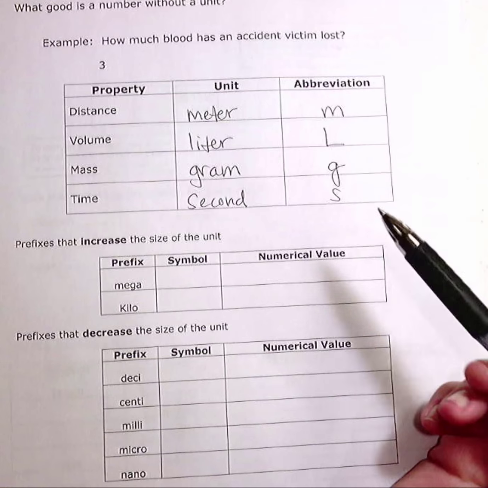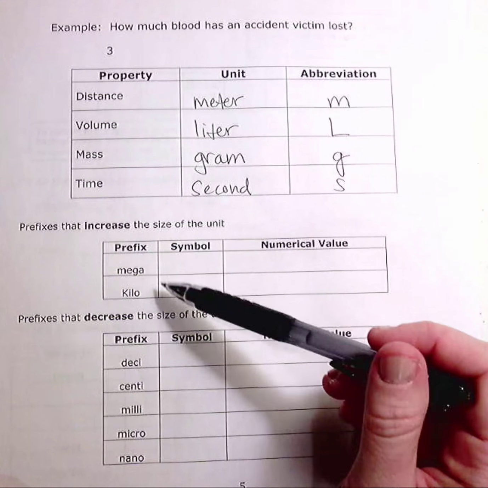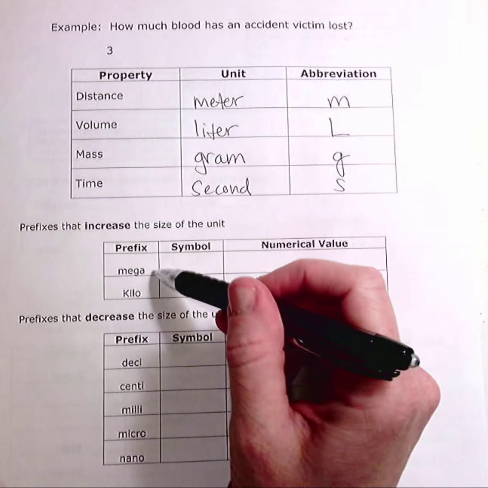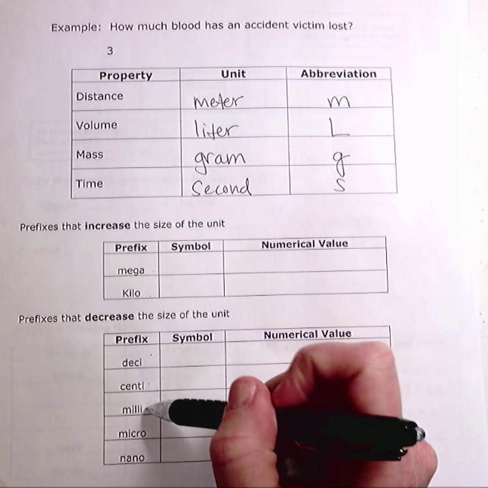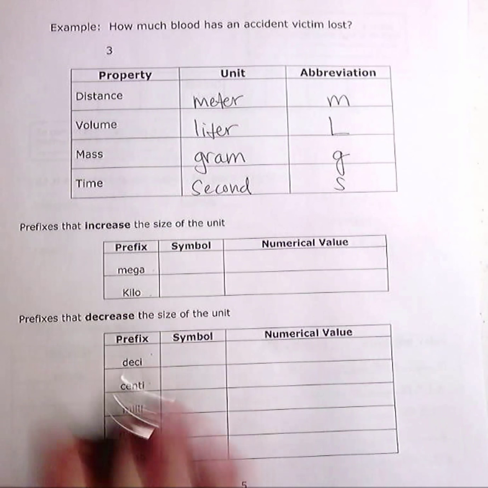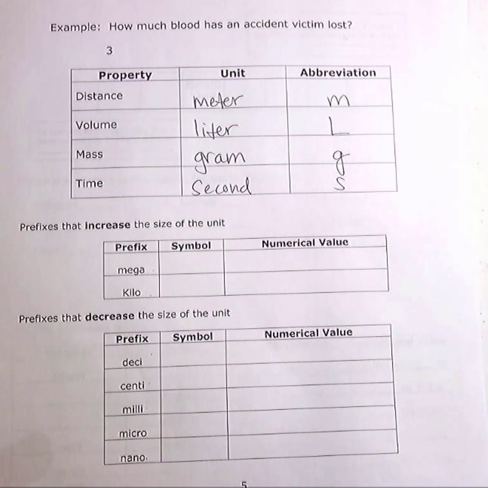It's important that you're familiar with these prefix multipliers. So you need to memorize mega, kilo, deci, centi, milli, micro, and nano. All of these need to be memorized: the symbol, the numerical value, and how to convert. And we'll talk about that in just a second. So I encourage you to use flashcards. I encourage you to fill out this page 5 over and over again until you have it mastered.